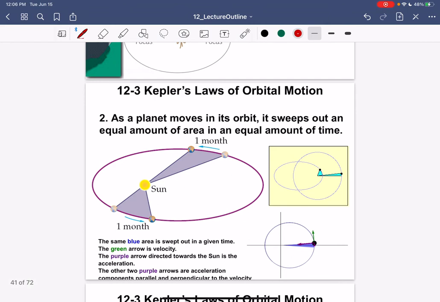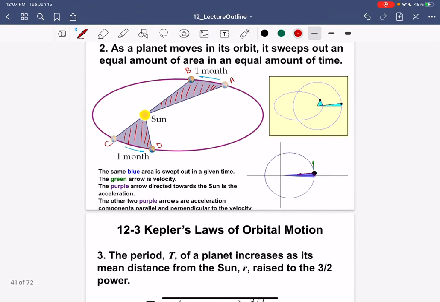The second law is called equal areas in equal times. As a planet moves in its orbit, it sweeps out an equal amount of area in an equal amount of time. If it goes from A to B in 1 month, and from C to D in 1 month, then the area here should equal the area here.